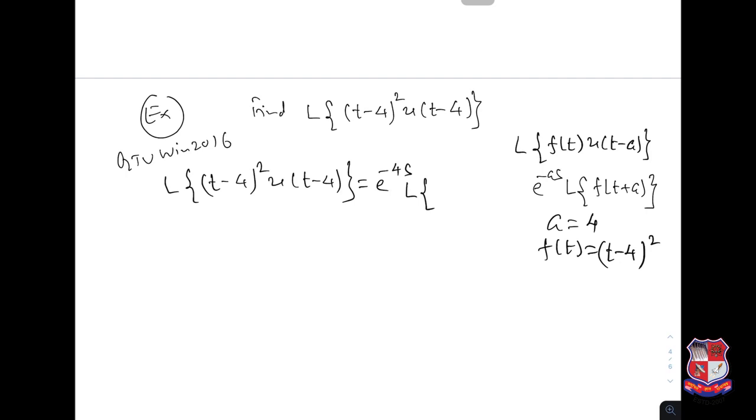What is a here? 4. So can I write t plus a is like this, t plus 4 and minus 4 and its square. So this is e power minus 4s Laplace transformation of t square, and that is nothing but e power minus 4s times 2 over s cube.